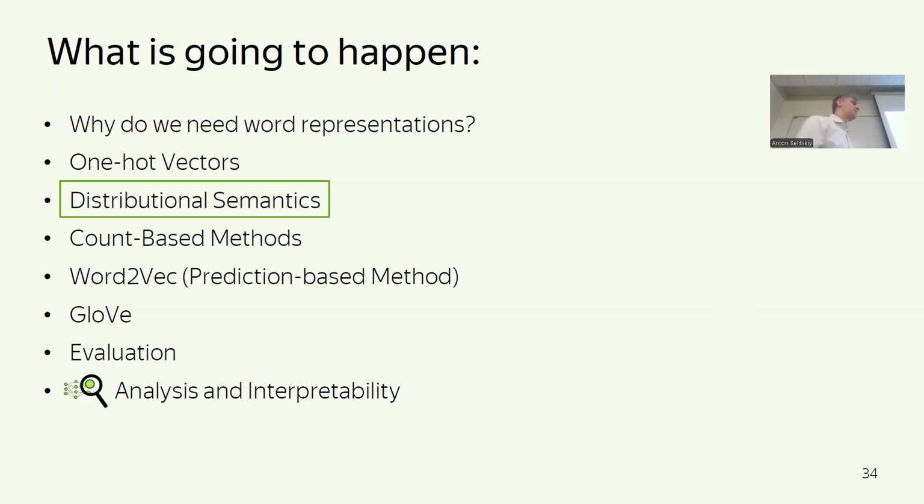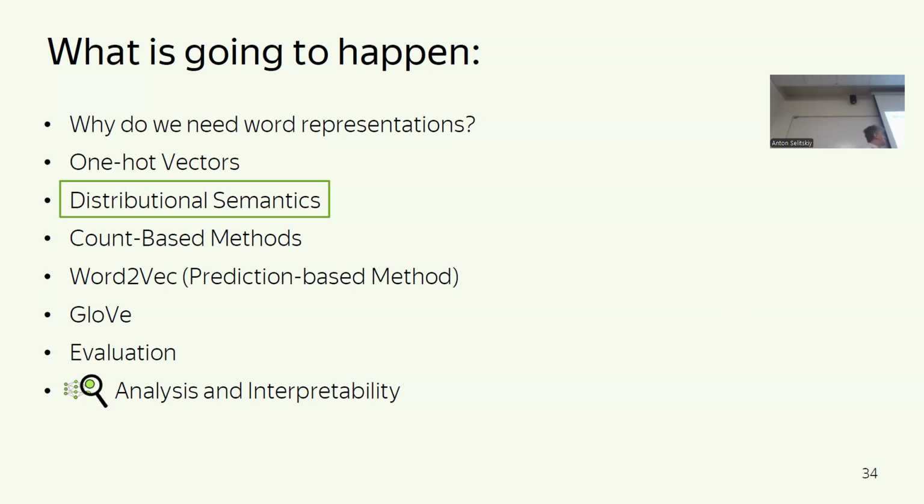Then you will see two paths: you can use count-based methods or neural network, model-based methods. Count-based methods are explainable because we will just count, for example, frequencies of words.